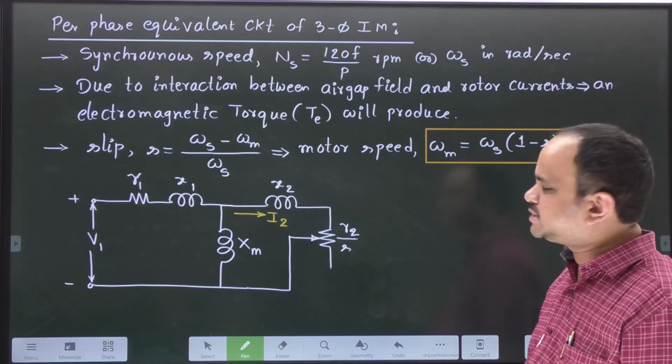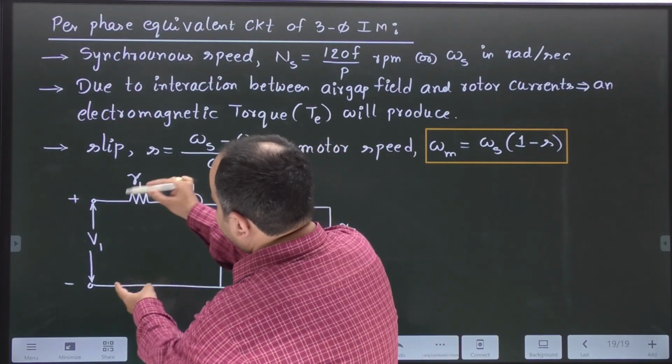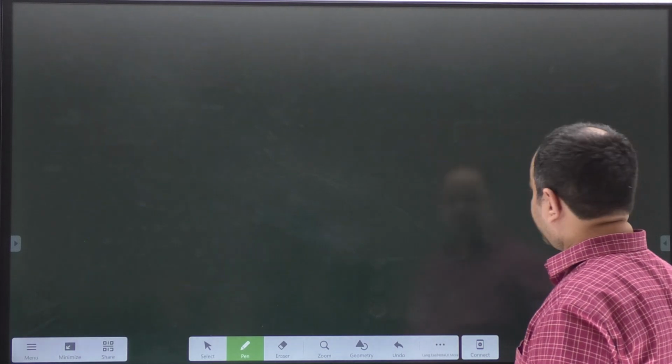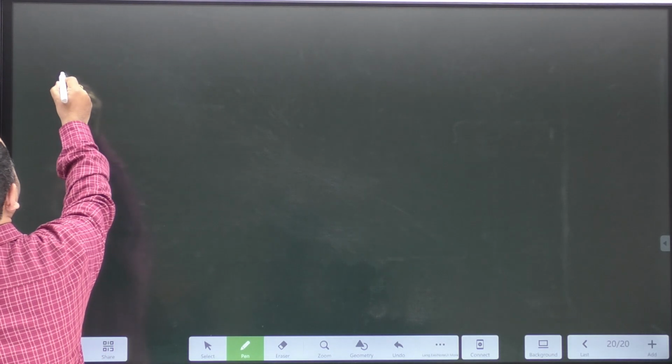Just to simplify the circuit analysis, this magnetizing branch can be moved before the stator impedance. Okay, therefore we can redraw further simplified equivalent circuit like this.